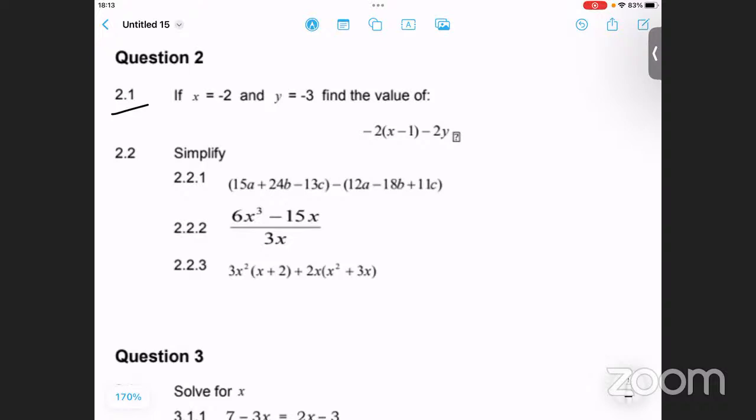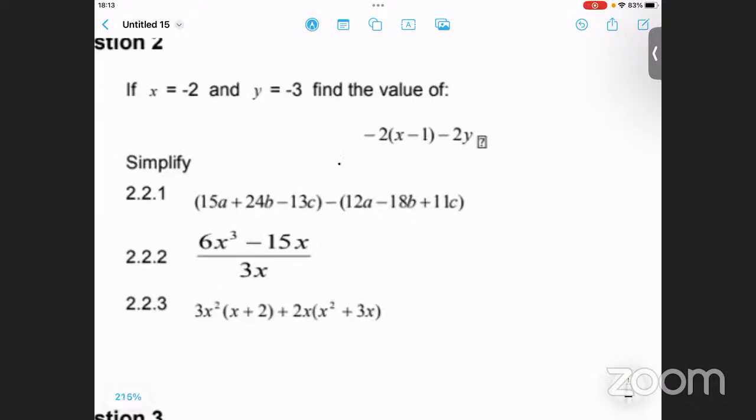And then I took it down and simplified it and said -2 times -2 inside the bracket is going to give us +4 -1 -2y, and y is said to be -3.